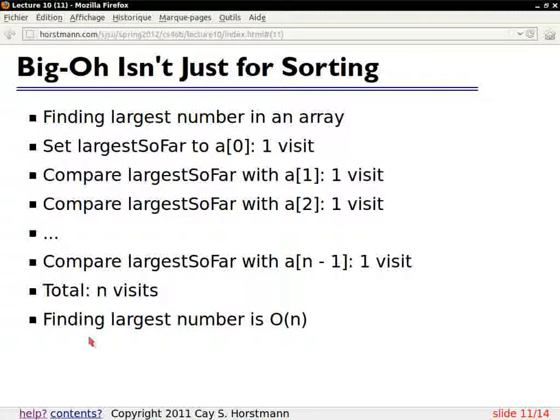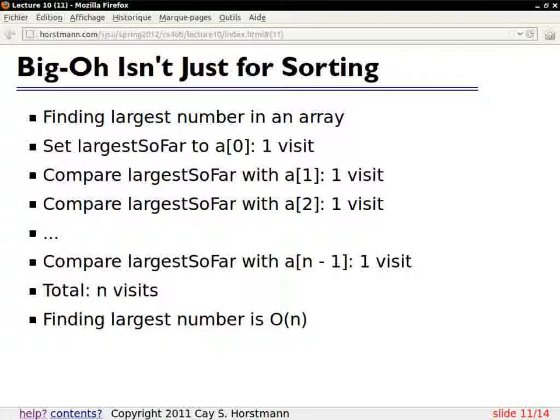All right. Now, one of the huge misconceptions that I always see beginning students run into, and I want to dispel that from the outset, is you guys will at some point feel compelled to memorize that selection sort is O of n squared. Merge sort, which we'll see next Tuesday, is O of n log n. And people always think that big O is for sorting, but that's actually not true.